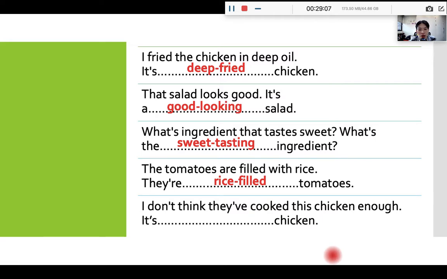So chickens don't cook themselves, so it's cooked by people. So it's passive. You will use the past participle: undercooked. So you can see the principles here are exactly the same as the principles we introduced in the previous unit. Okay, so that's it for this part.